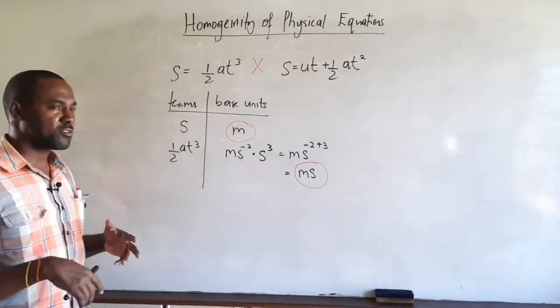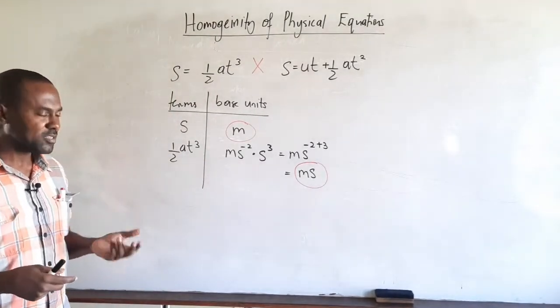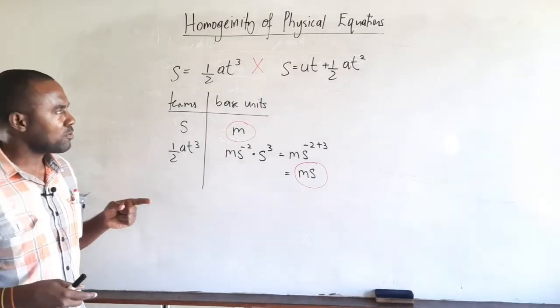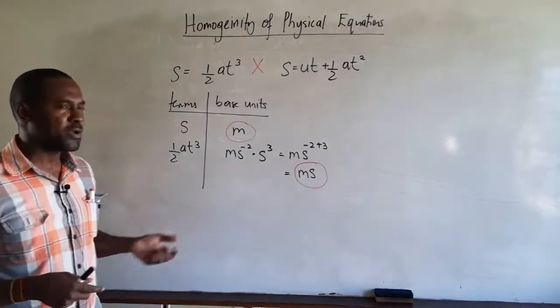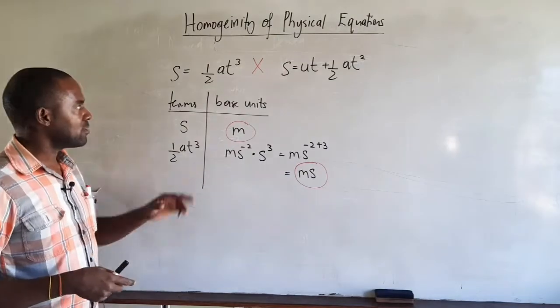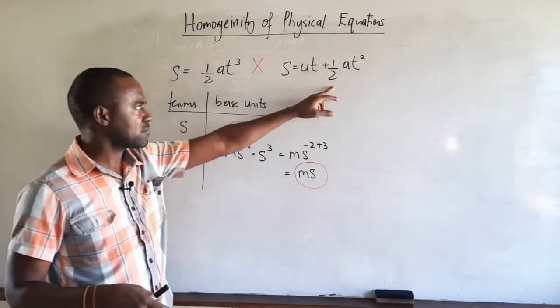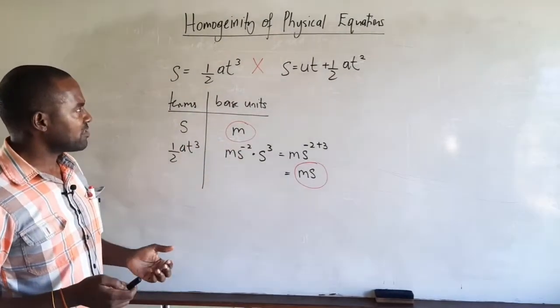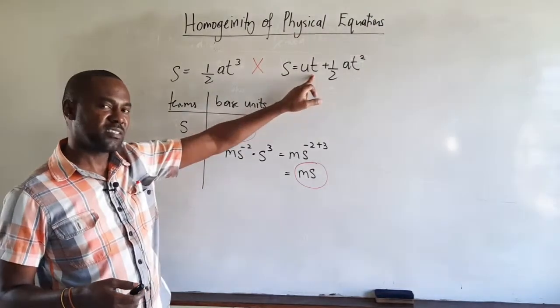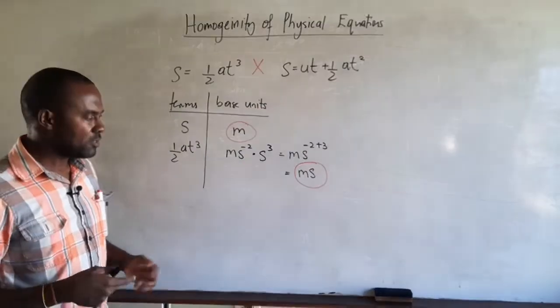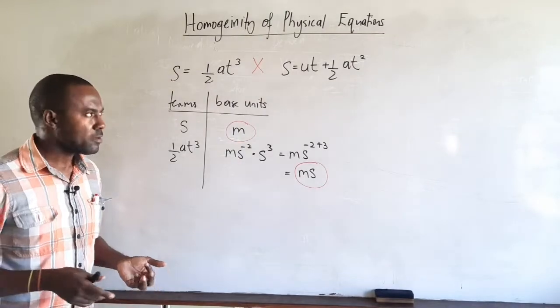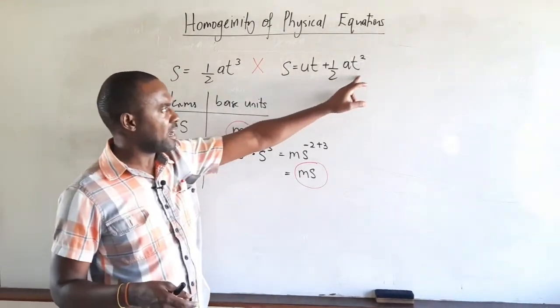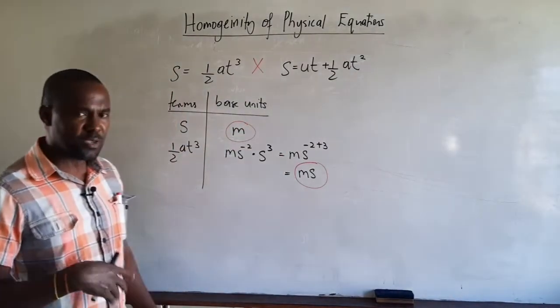And as a matter of fact, there were 2 errors in the equation, but however, only one error resulted in the equation not being homogeneous, right? If we compare this to this. So the first error is that the term ut was missing. Homogeneity does not detect that at all, because if we had written a half at squared, the equation would have been homogeneous.